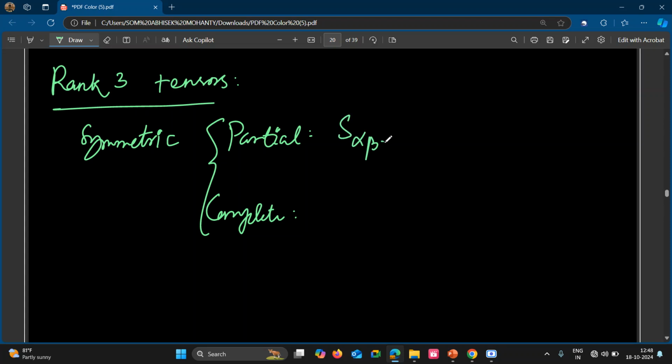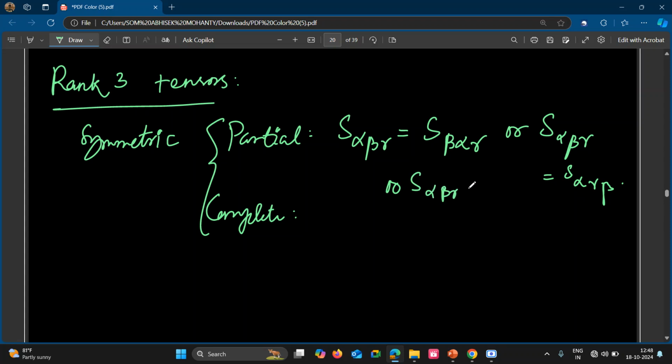S alpha beta gamma is equal to S beta alpha gamma, or you can go on. This is called partial symmetric.